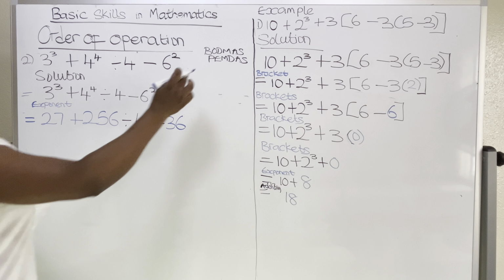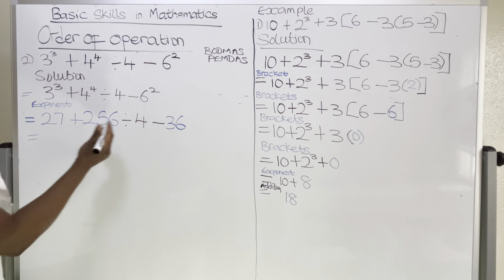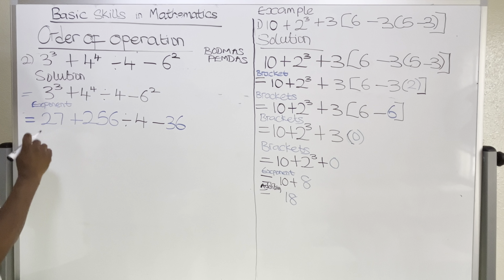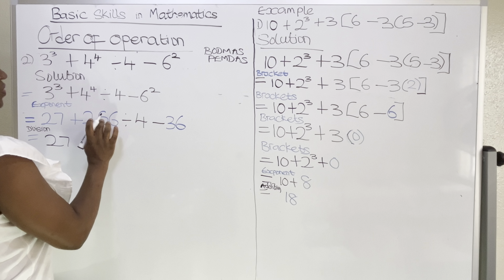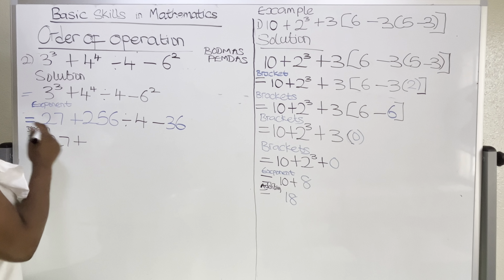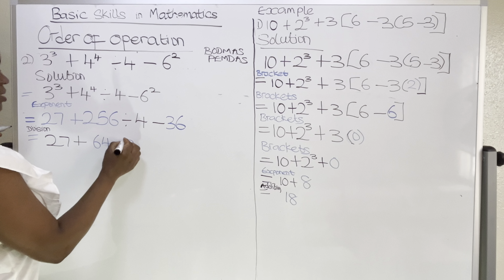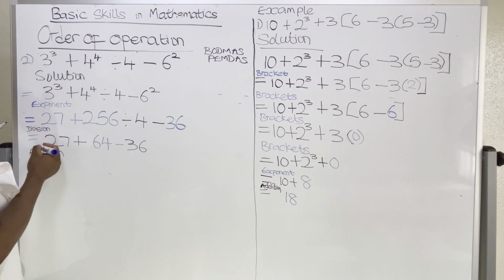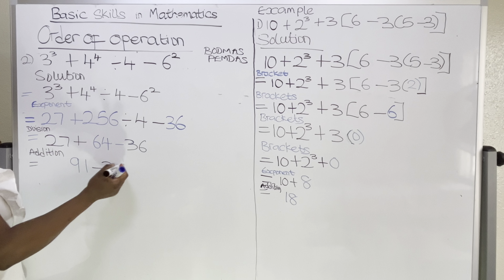I will go by this step. The next step is division. Division is from left to right, so 256 divided by 4, which will give us 64 minus 36. 27 plus 64 will give us 91 minus 36.